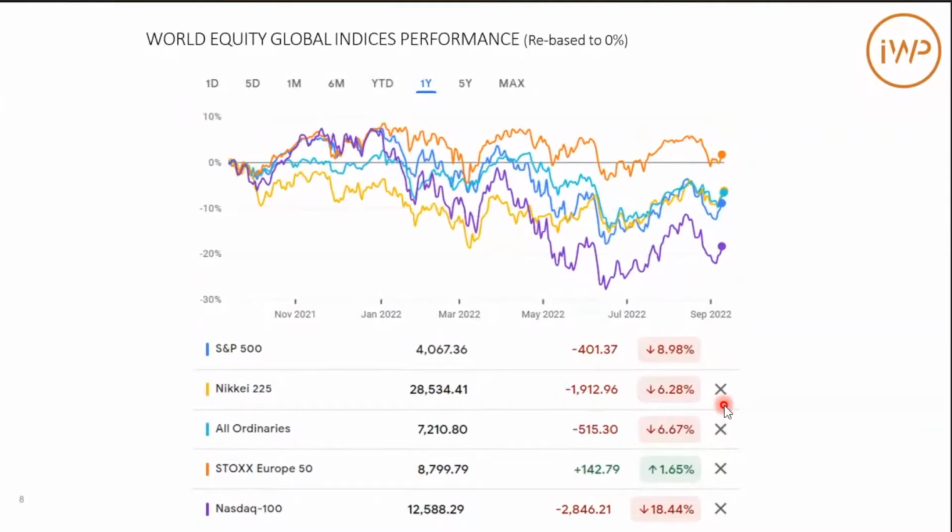Yeah, look, pretty much everyone would have seen the impacts of this if they've been looking at super balances or investment balances on a regular basis, particularly over the last 6 to 8 months or so, coming off the peak around December, early January, where most of the major share markets had peaked, and since that point really started to fall away on the back of a lot of negativity.